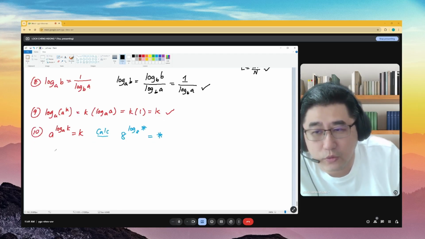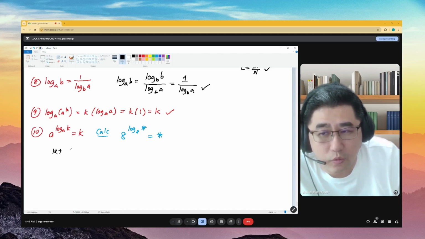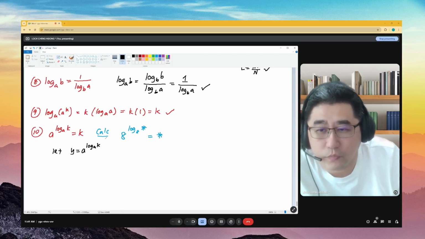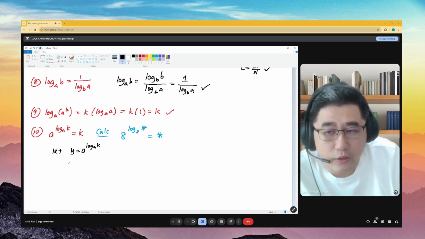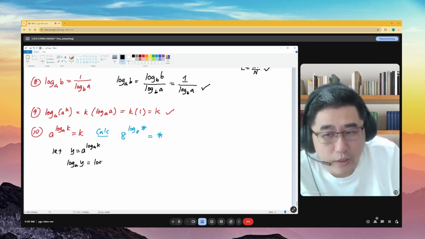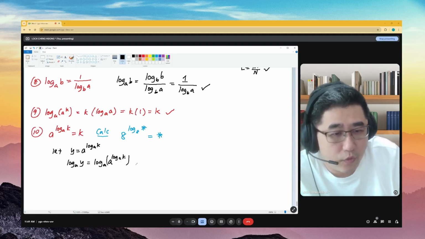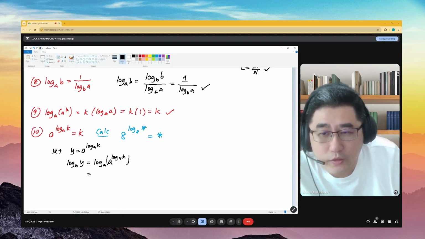Why is it so? First of all, we let y equal A to the power of log AK. So I'm going to take log A on both sides. Log A here, log A here. You can see that log AK is a power, so I put it in front.